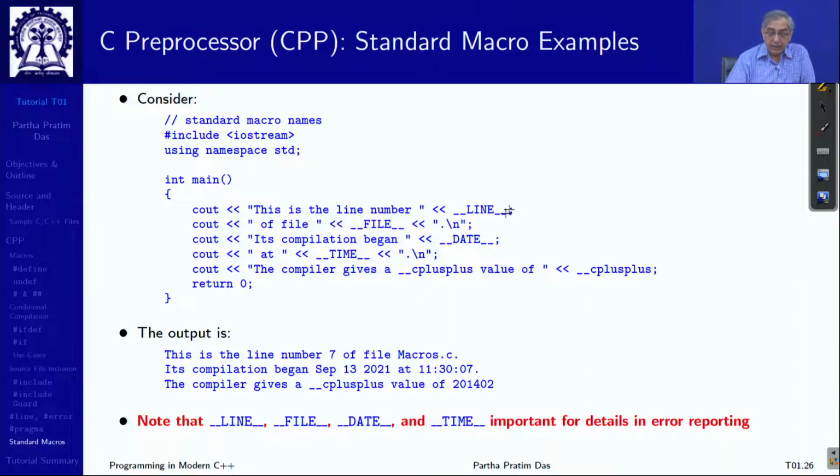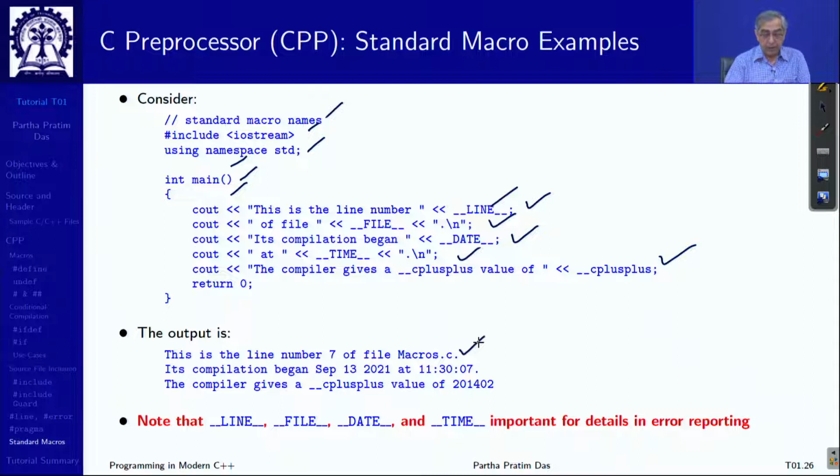So, this is an example where I am showing how these things work. So, this is the line number 7 of macro.c. 1, 2, 3, 4, 5, 6, this is 7, right. So, this is the 7.